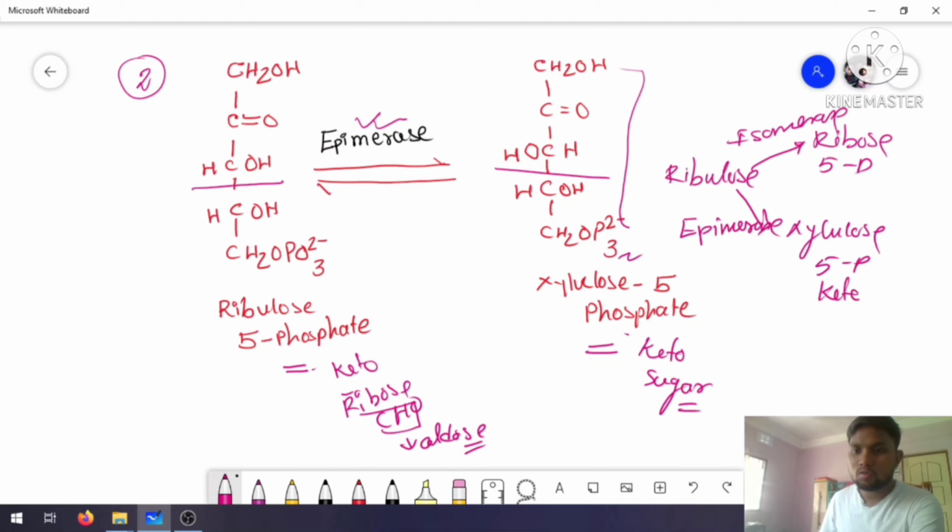This is a keto sugar, this is an aldehyde sugar, or aldose sugar, whatever you can name it. Okay, so these two reactions were the first reactions of non-oxidative phase of pentose phosphate pathway. So let's see how these two now rearrange their carbons and give rise to glucose 6-phosphate and glyceraldehyde 3-phosphate.